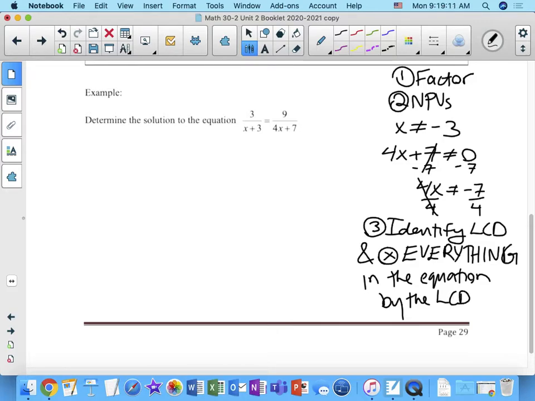In this case, one factor is x plus 3, and the other factor is 4x plus 7.